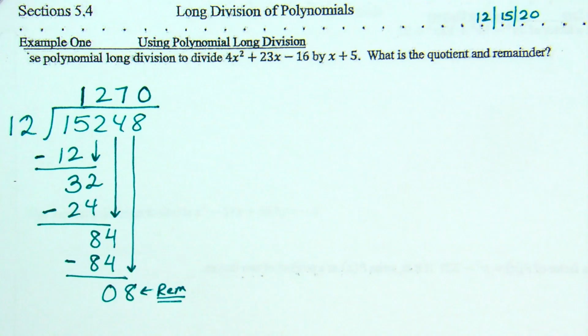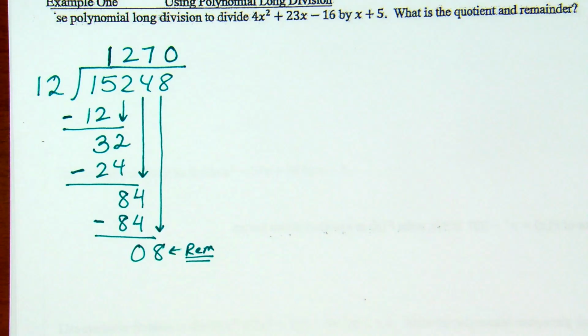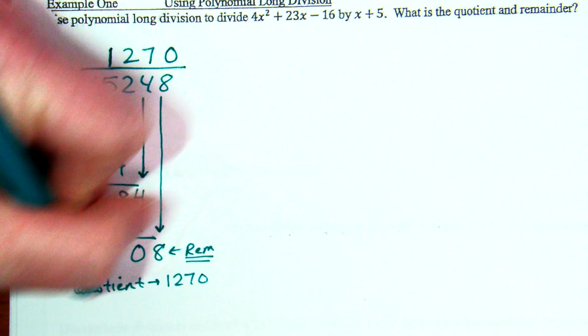Well, we don't do a whole lot more than that right now with synthetic division. So, let me use my big words. The quotient is the answer to a division problem, so my quotient on this problem is 1,270, and my remainder is 8.